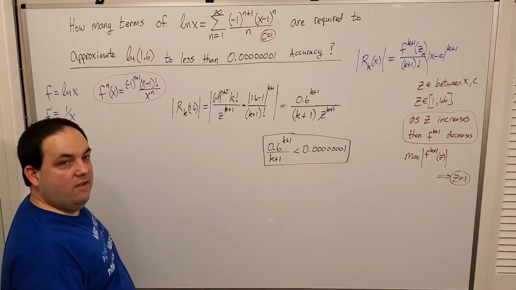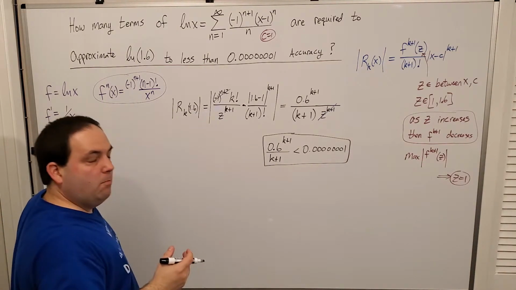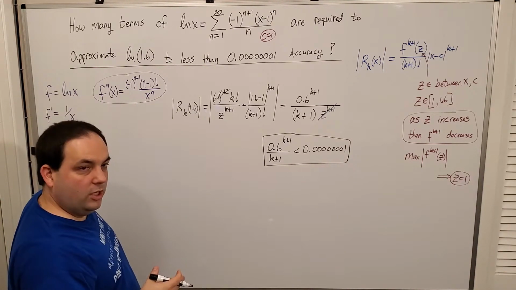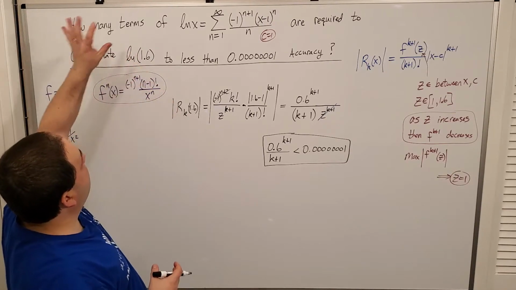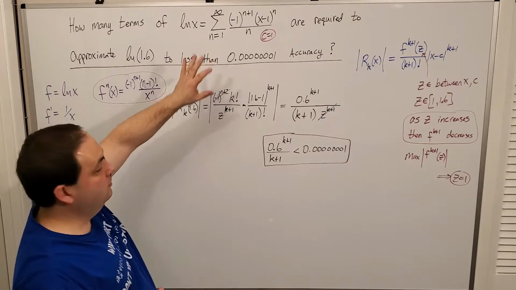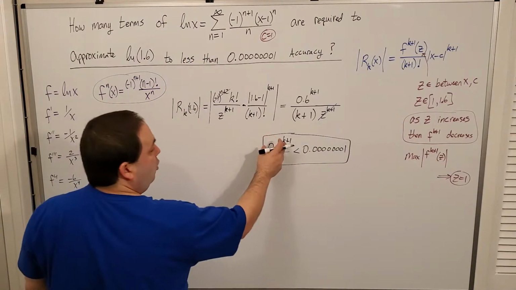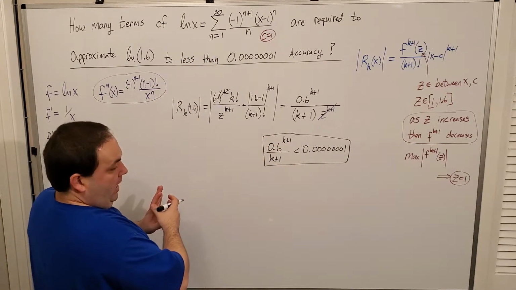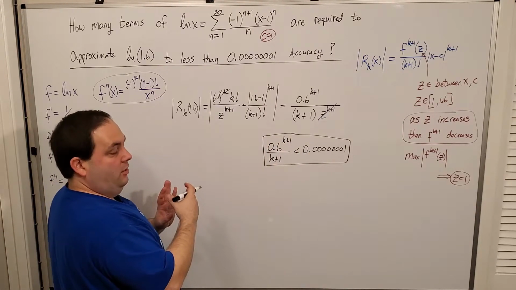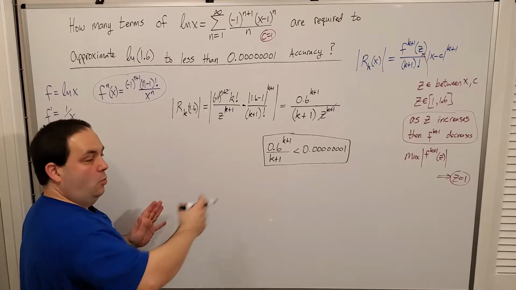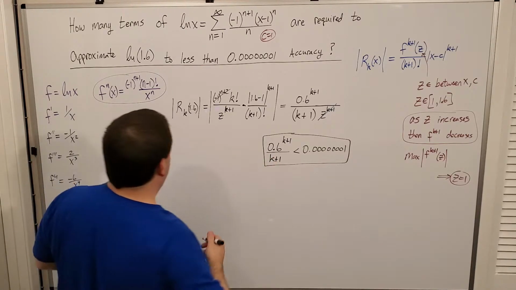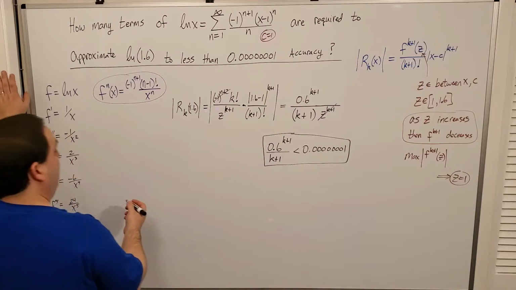We don't need a k value that's a decimal. I don't need to know the exact moment that this inequality crosses over. I just need a whole number k, because all I can do is whole number terms. I just need to know which whole number, as soon as I switch from, say, 19 to 20. 19 doesn't work, but then 20 does. So that's why we chart these things out.